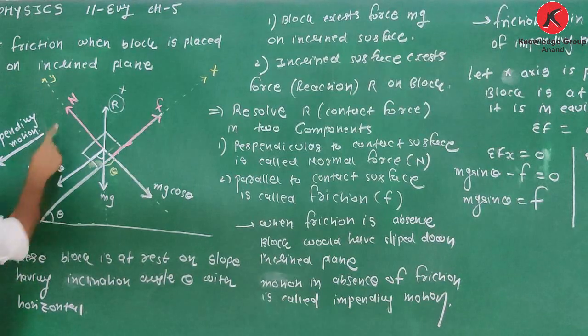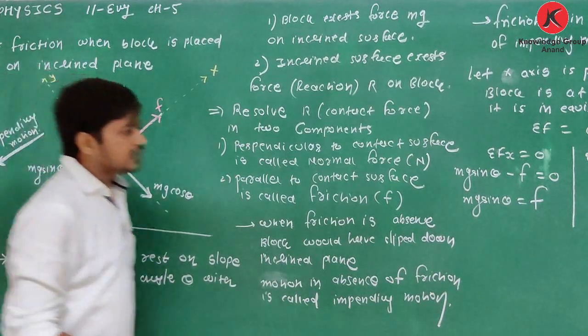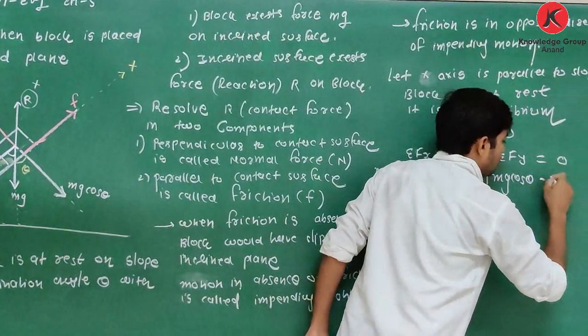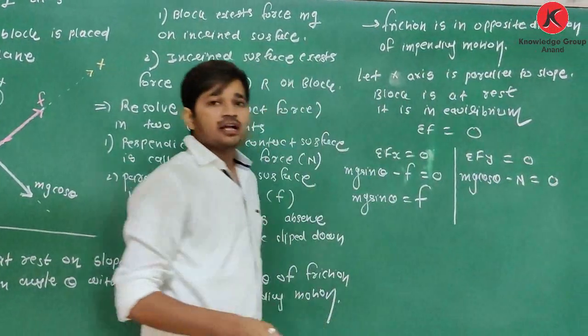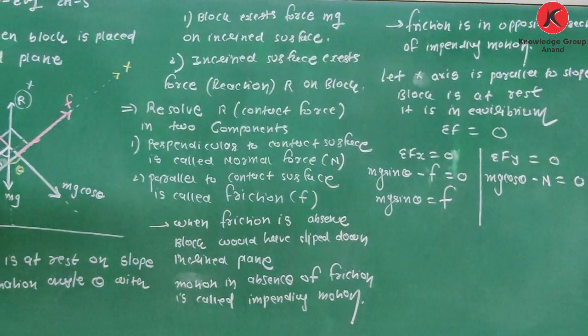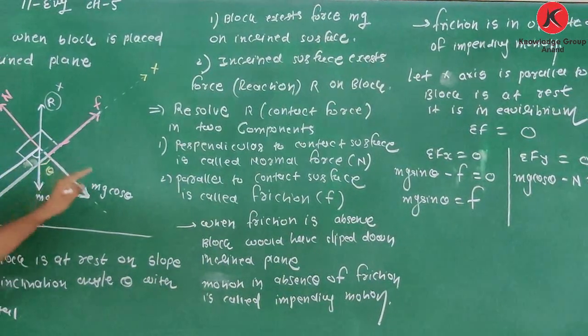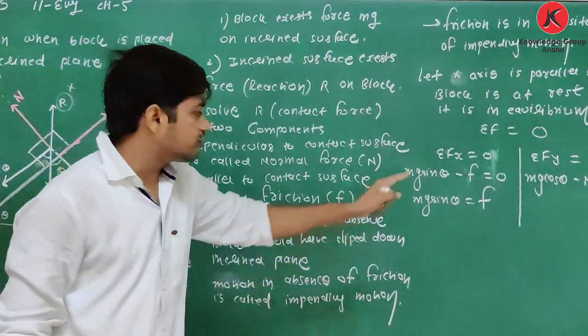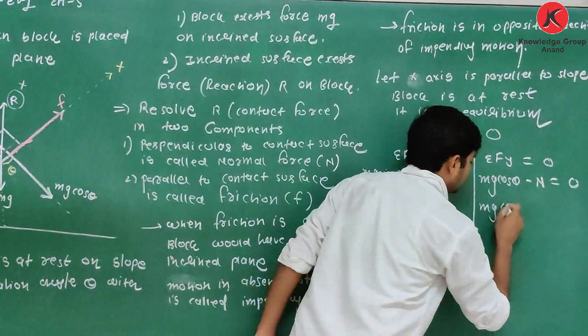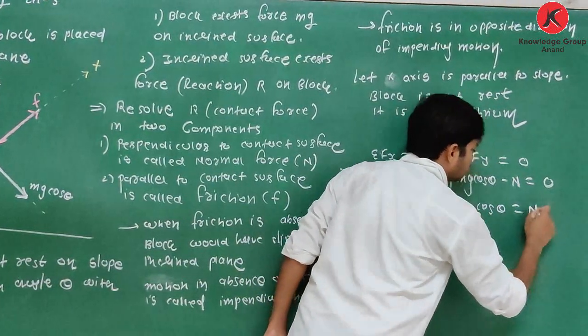So again I can write mg cos theta minus N is equal to 0. Again, why minus? Because mg cos theta is in this direction and N is in the opposite direction. You can also write this equation as mg cos theta is equal to N.